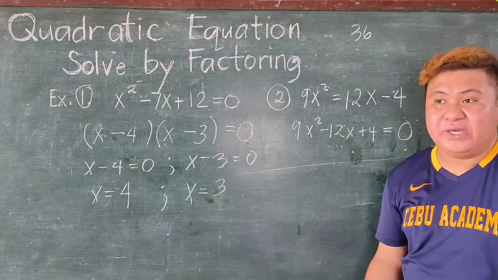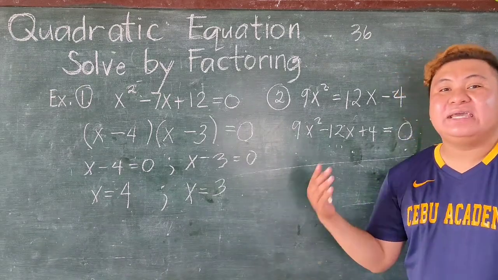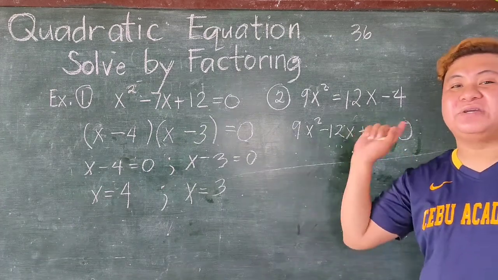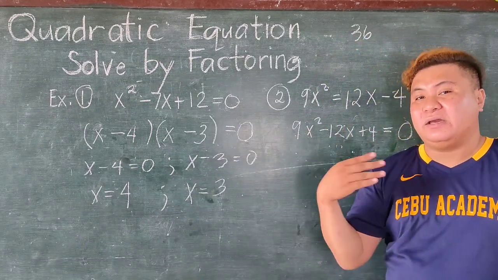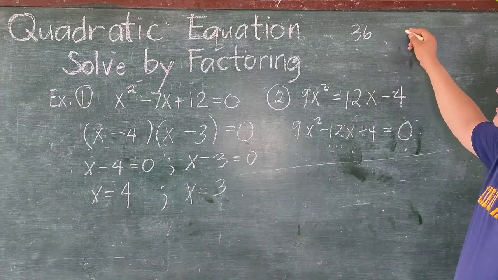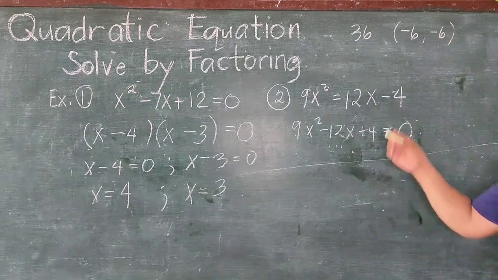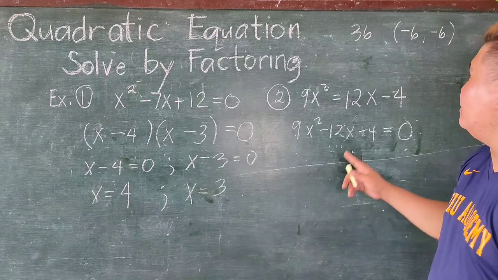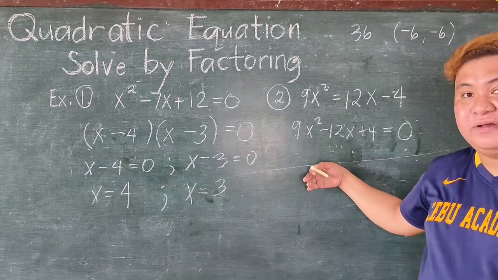And now, we are going to get factors of 36 that when added give the letter B, which is negative 12. So let's have the factors. We can use negative 6 and negative 6. So negative 6 times negative 6 is positive 36 because negative times negative equals positive. And if we add negative 6 plus negative 6, it will become negative 12.